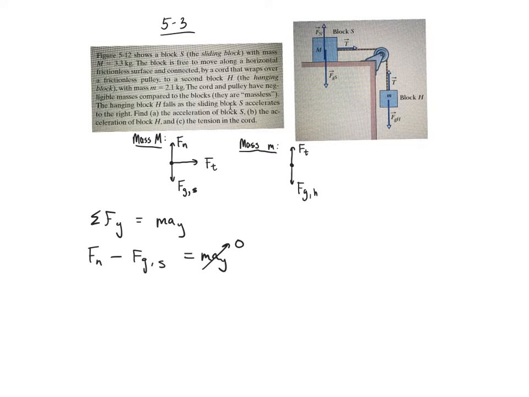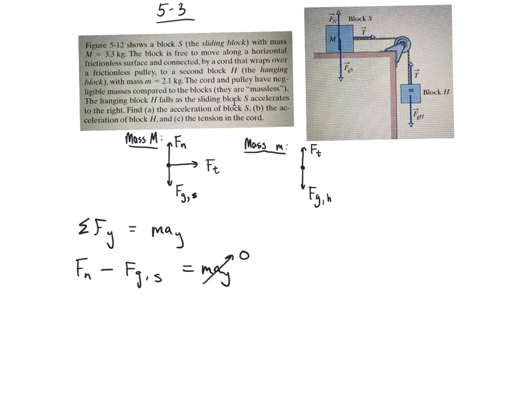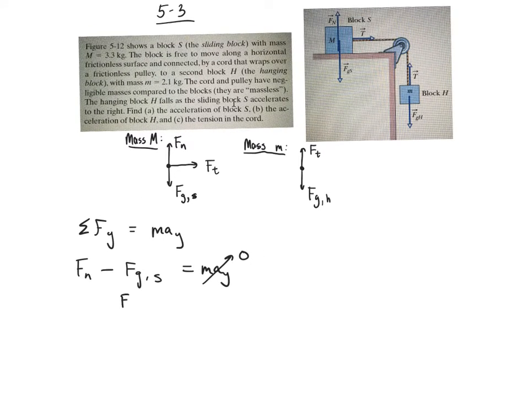So all we gain from this formula is that F_N is equal to the weight of block S. And I gain that information simply by adding this over to the right-hand side. Just so we know, how do we designate weight? The weight of an object, what's the formula for that? mg.